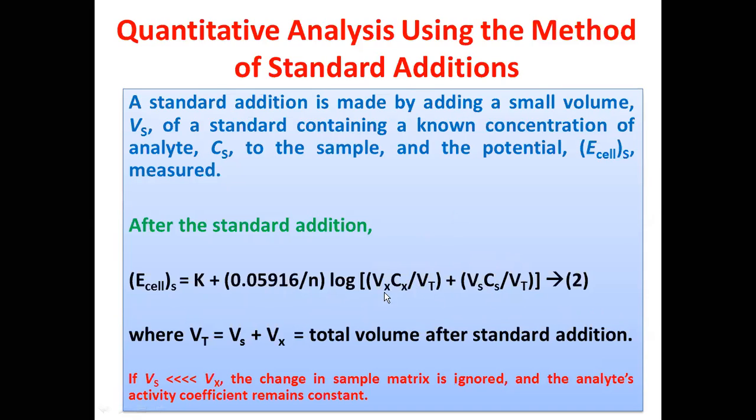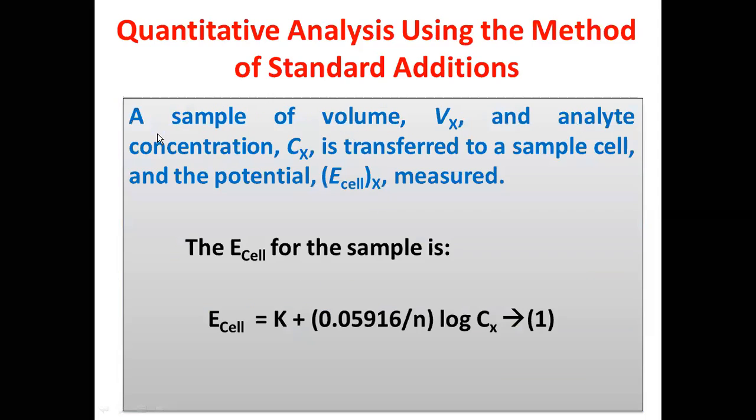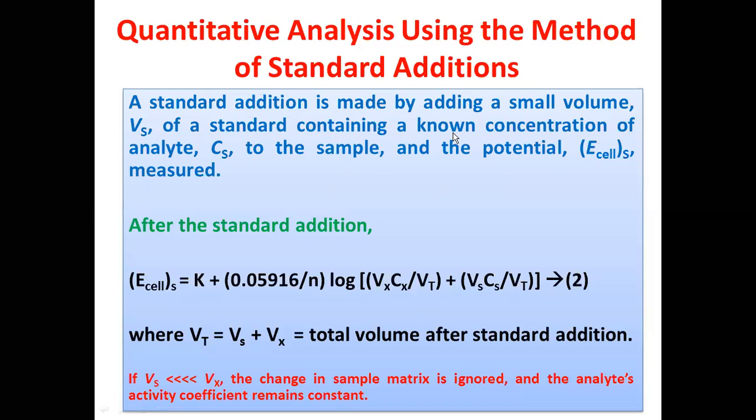The total concentration of the analyte from the sample is Vx into Cx divided by Vt, and from the standard it is Vs into Cs divided by Vt. So Vt is the total volume, that is the summation of Vs and Vx after standard addition. Vs is the volume you have taken for the standard and Vx is the volume you have taken for the sample. The summation of both gives you Vt.